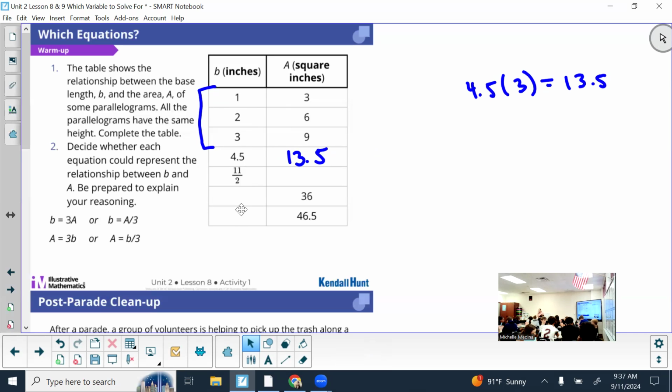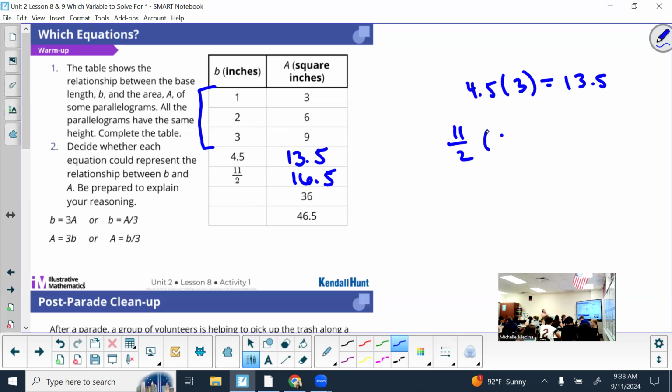Okay. So table 6 then, what needs to go here where my mouse is? 16.5. Anyone disagree with that? What math did we do for that one? 11 over 2 times 3.